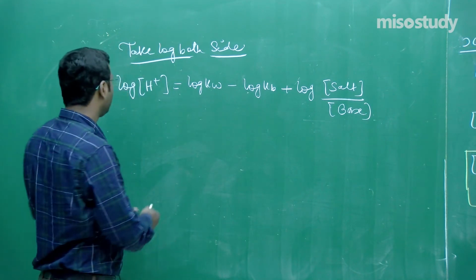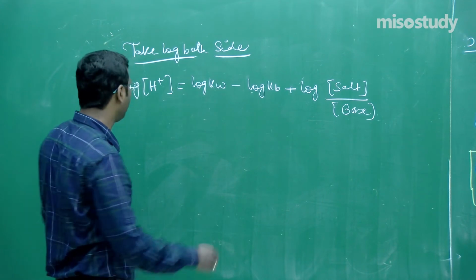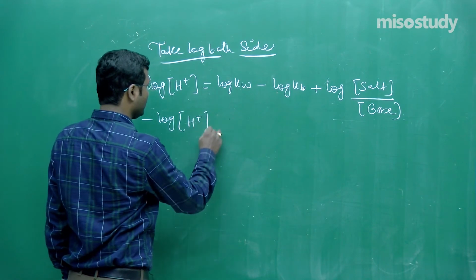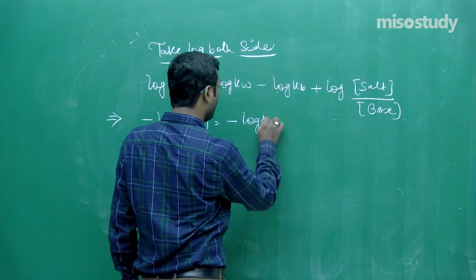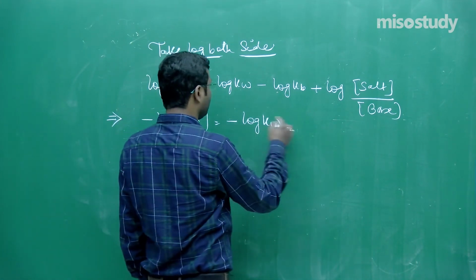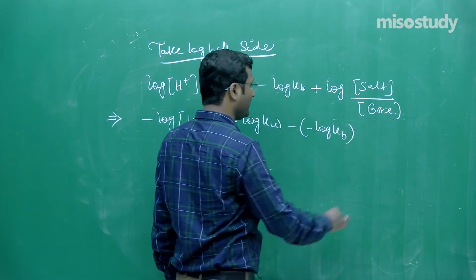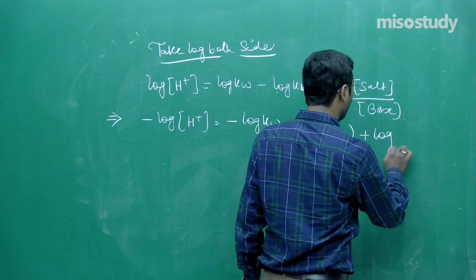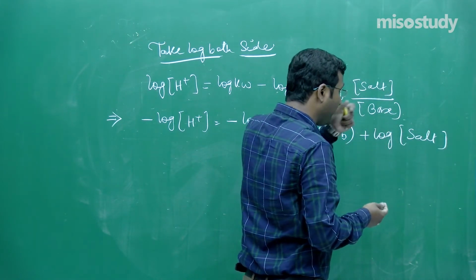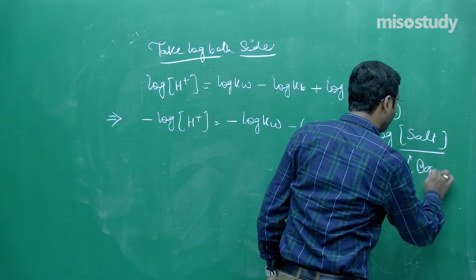Is it clear to you? Now take the minus sign. Look, friend, what will happen? Minus log H plus is equal to minus log KW, then minus log KB and plus log salt upon base.